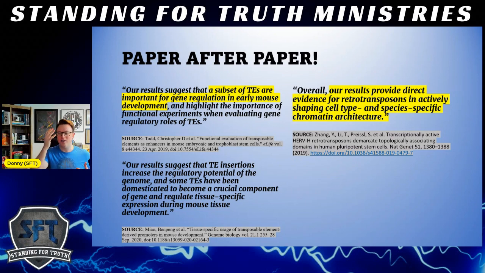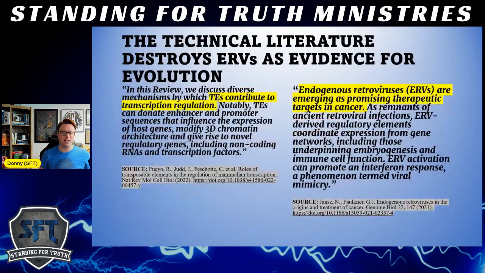And so, if we're also made up of retrotransposons that are actively shaping cell type and species-specific chromatin architecture, then guess what? We are going to share those with chimpanzees, gorillas, orangutans, lemurs, dogs, whales, mice, because they also have and require DNA elements to shape cell type. It shouldn't be that difficult, guys.